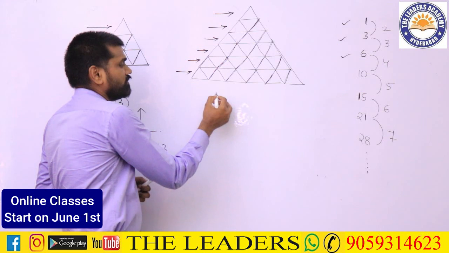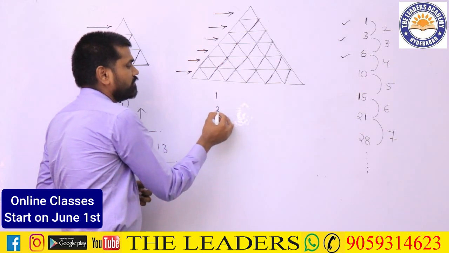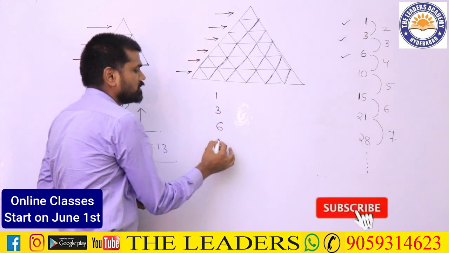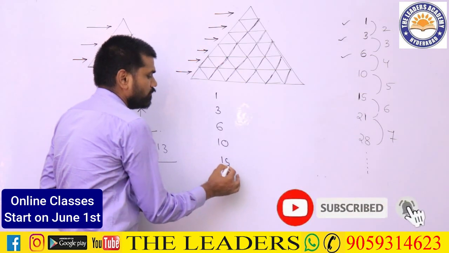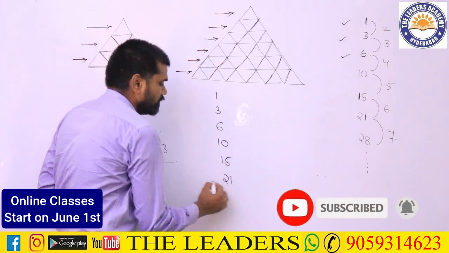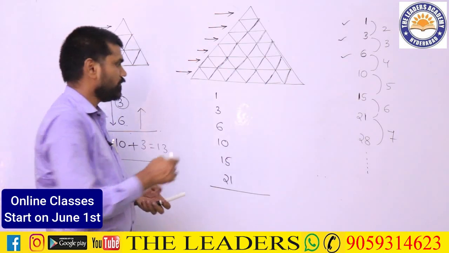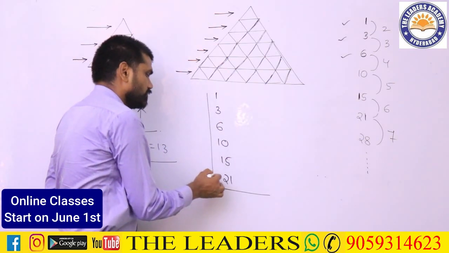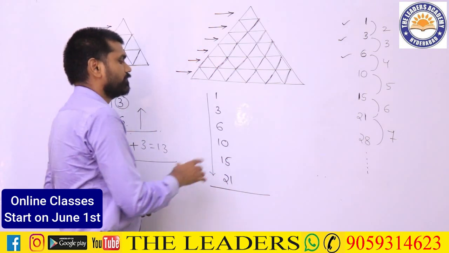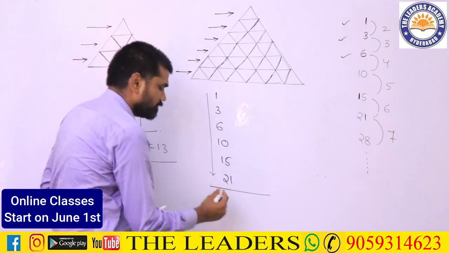The 6 terms are 1, 3, 6, 10, 15 and 21. As I told you, go for the vertical sum. The vertical sum here will be 56.